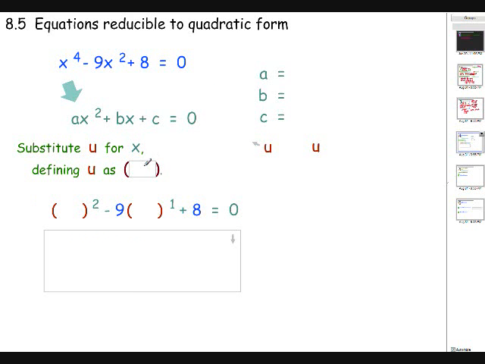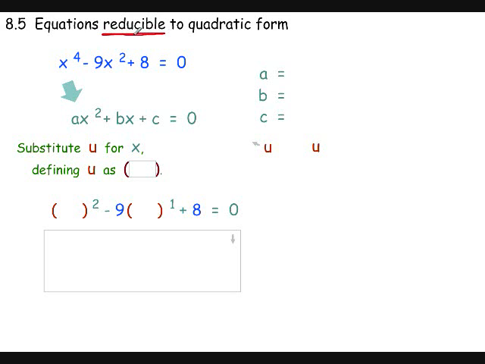Okay, so let's try using what I promised to you, reducing equations to the quadratic form. Now here is something which is not in the quadratic form, is it? Quadratic form is when your highest power is squared.